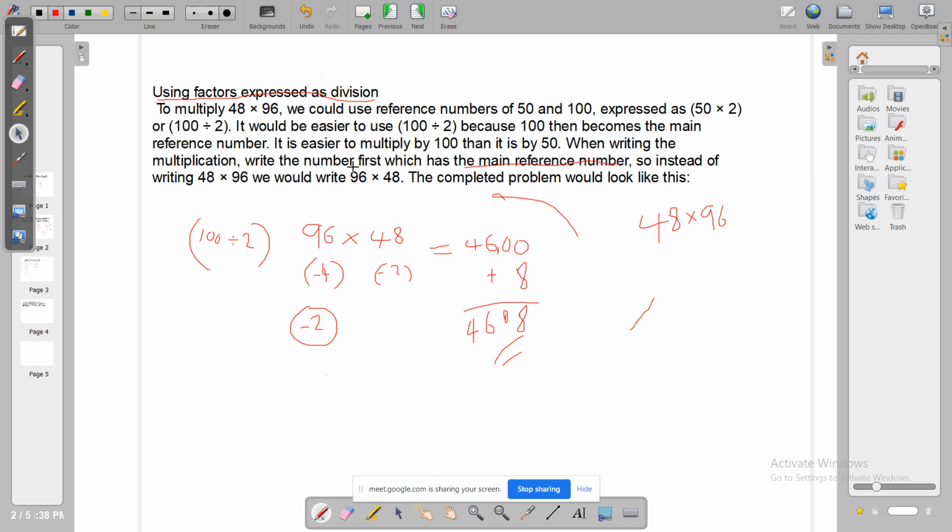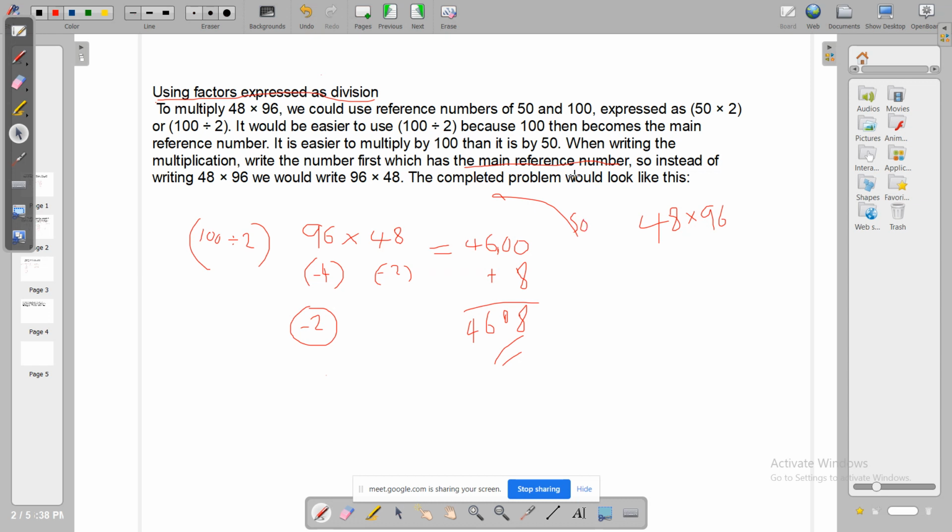Now what will be the main reference number for 48? You can tell me. Who can tell? 50. Okay, 50. So here we will have our 50 written down.